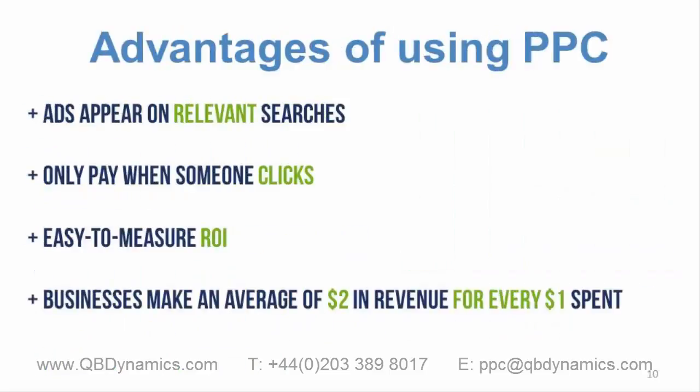So what are the advantages of using PPC? Why has this caught on so wildly? Well, first of all, ads only appear on relevant searches. So when you consider any other form of advertising, you're sending an ad out into the world for somebody to see, regardless of whether or not they've actually expressed an interest in seeing that ad.